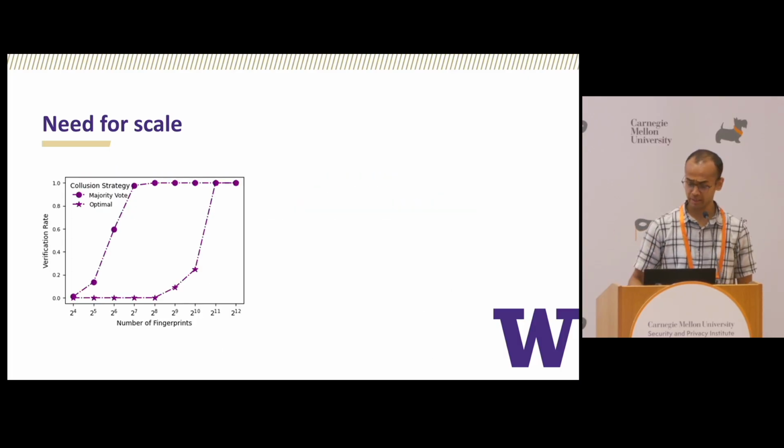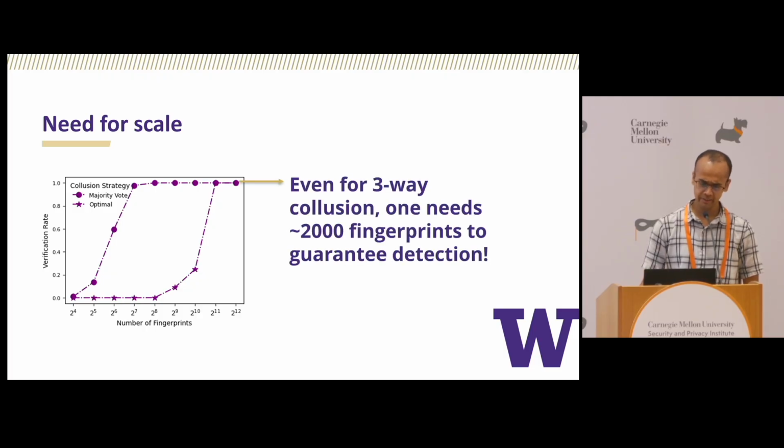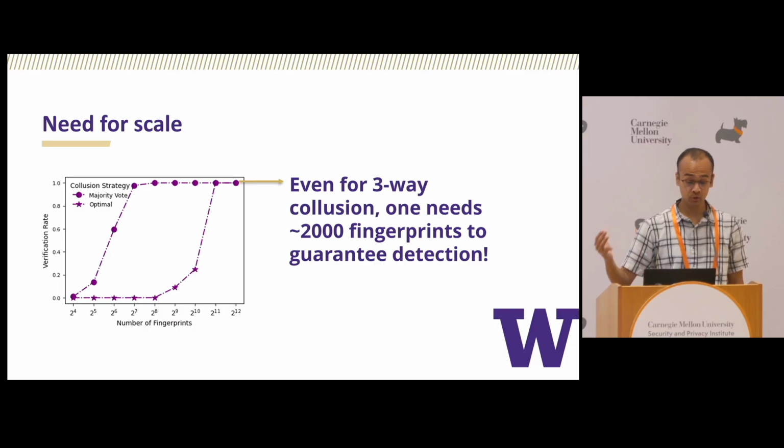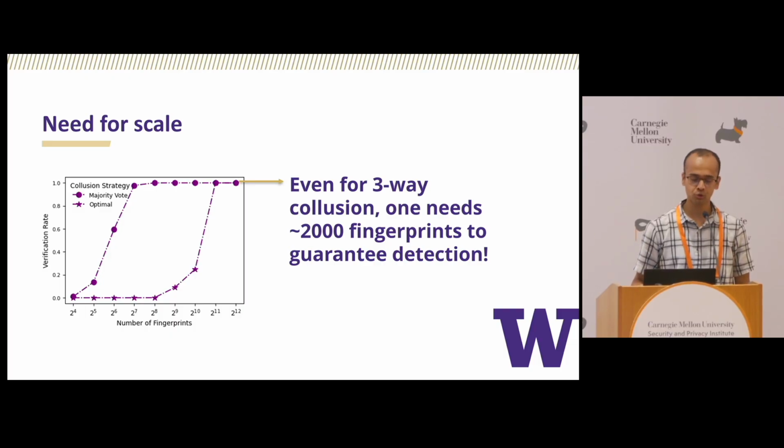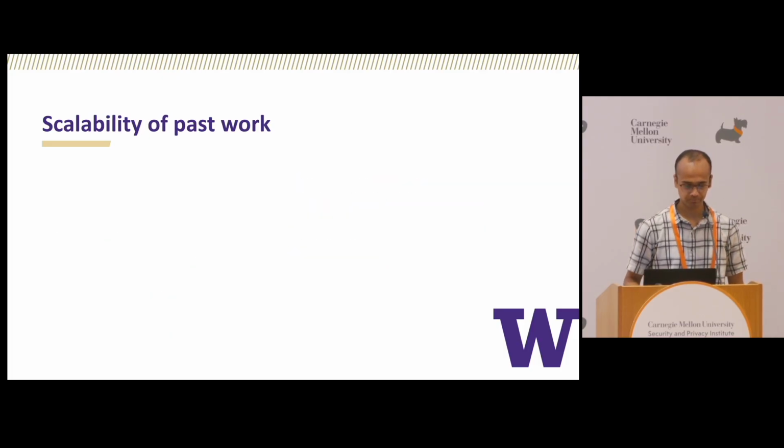In fact, we show in our paper theoretically that even for certain kinds of collusion strategies, even if there are only 3 adversaries colluding, you need almost 2,000 fingerprints in order to guarantee detection. Which means that, yeah, you just need a lot of fingerprints to be somewhat secure.